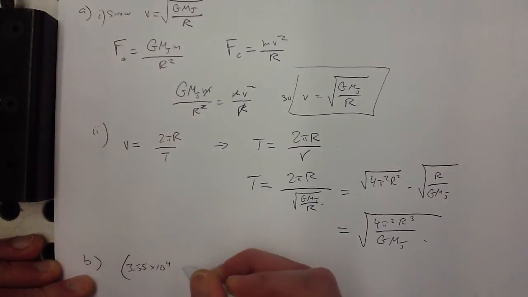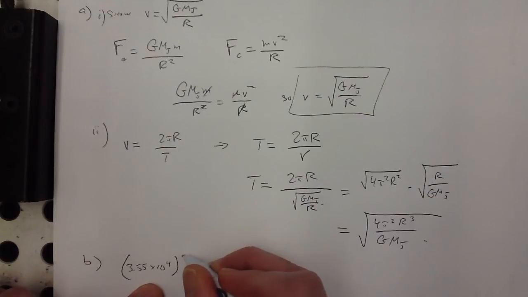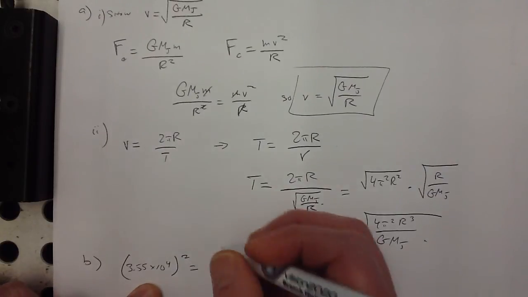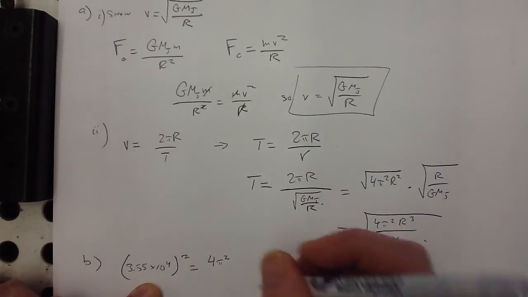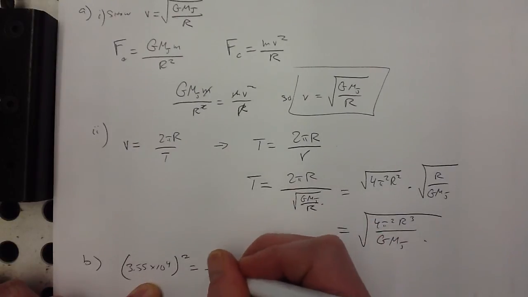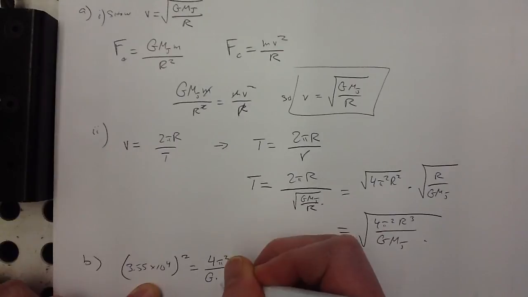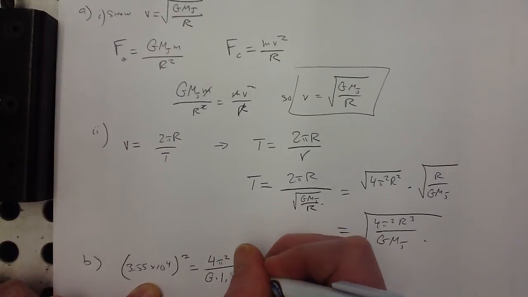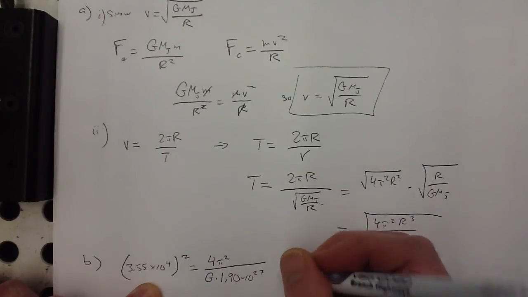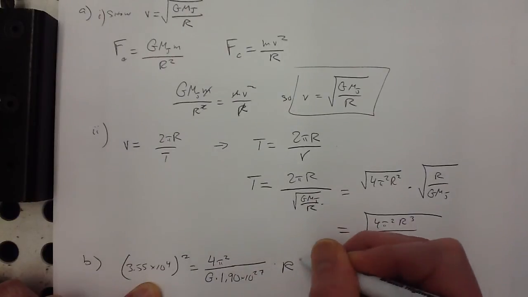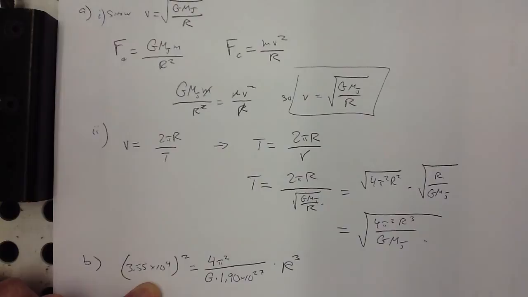So we know that, using Kepler's third, that period squared has got to be equal to 4 pi squared over G times the mass of Jupiter, which is 1.90 times 10 to the 27th, times r cubed. So they just want us to solve for that.